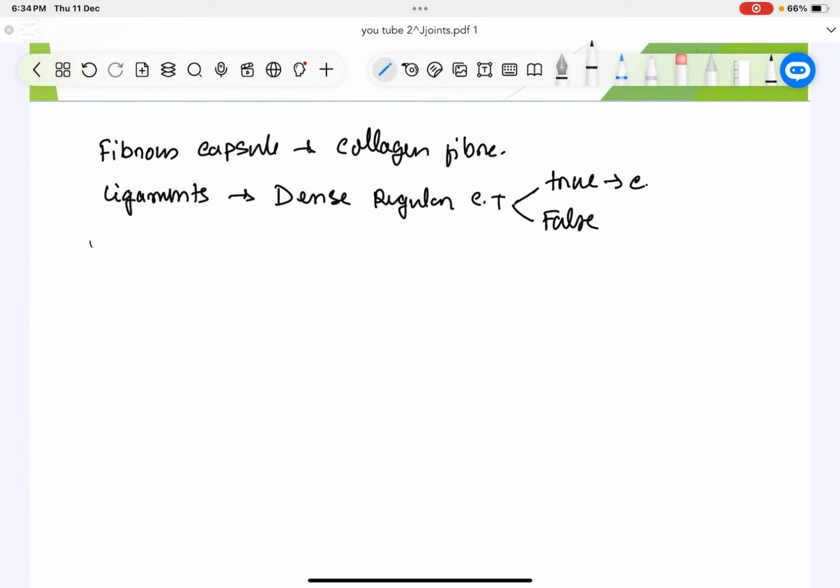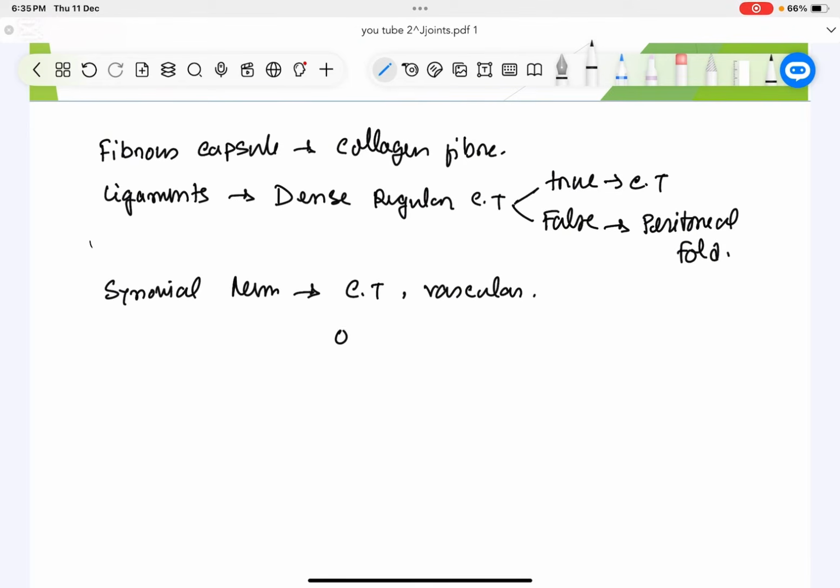True ligament is made up of connective tissue, and false ligament is made up of peritoneal fold. Usually in the abdomen we are getting false ligament. Then we can get synovial membrane. The synovial membrane, we have to remember, is also made up of connective tissue and it's vascular.